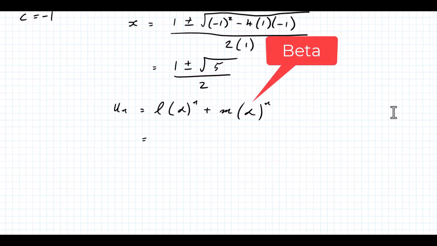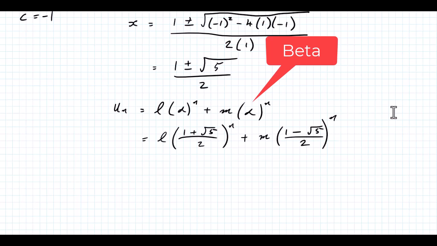So we have L times (1 plus root 5)/2 to the power of n plus m times (1 minus root 5)/2 to the power of n. So this is our solution here. We just now got to work out what L and m are.